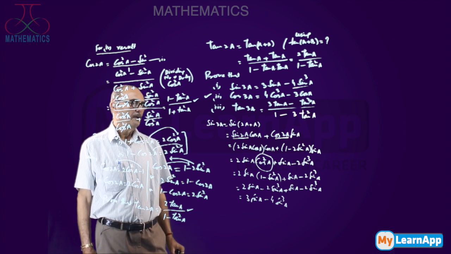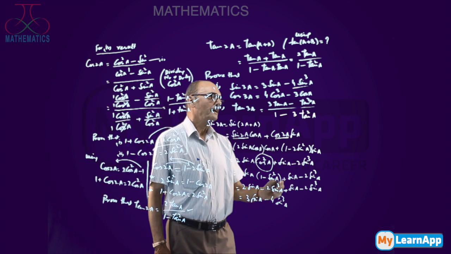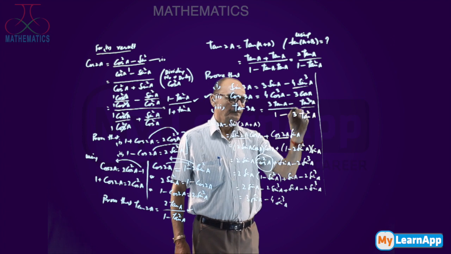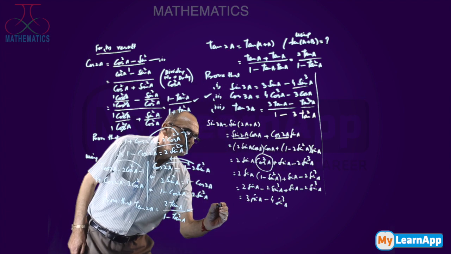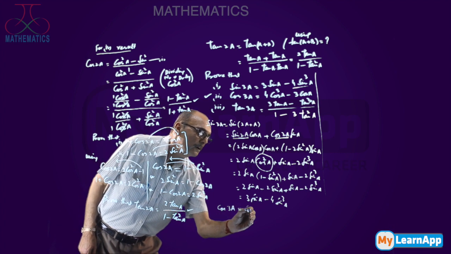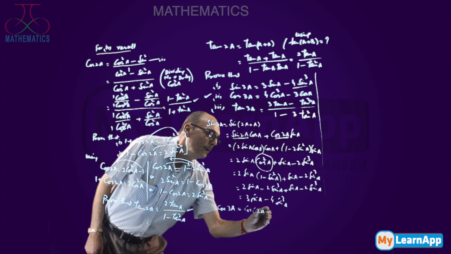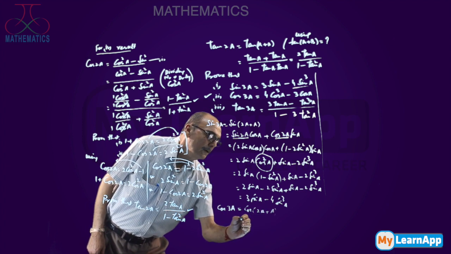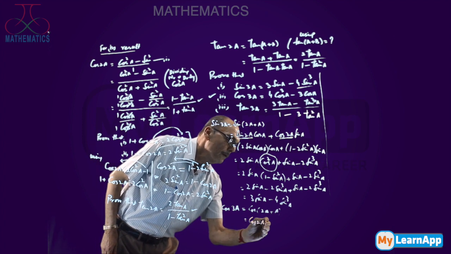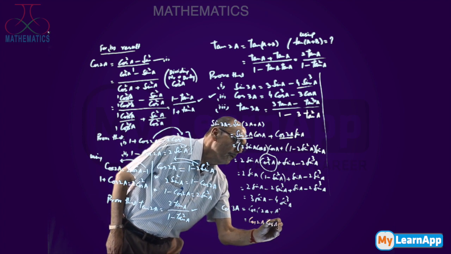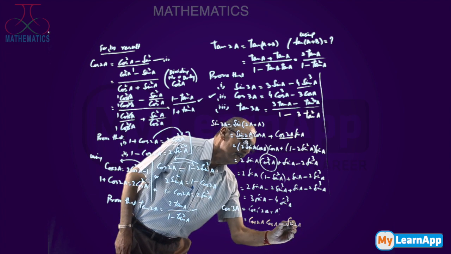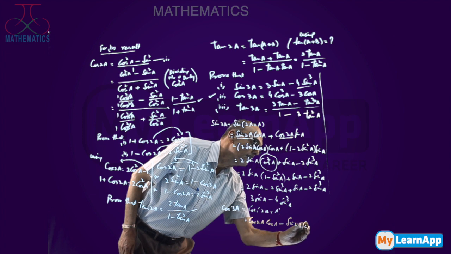In the same way, we can prove the second result, cos of 3a. Cos 3a can be written as cos of 2a plus a. This is equal to cos of the first angle into cos of the second angle minus sine of the first angle into sine of the second angle.